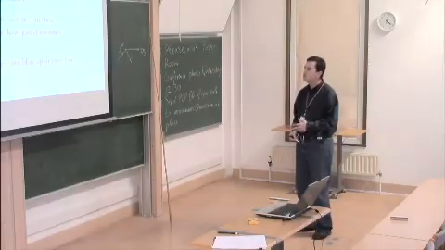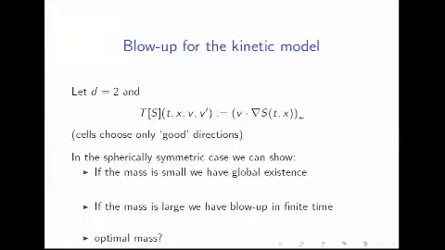And what we can show for this turning kernel is the following. If you assume spherical symmetry and the mass is small, then you have global existence. And if the mass is large, then you have blow up. The 2 masses here are very far apart. So what I mean by this is that there is a mass, there is an M, let's call it M1, such that if your mass is below this, you have global existence.